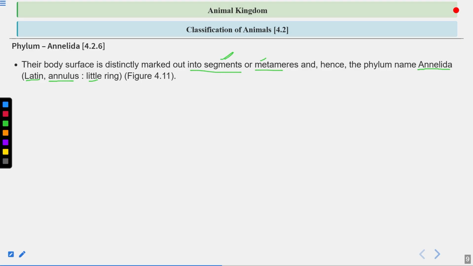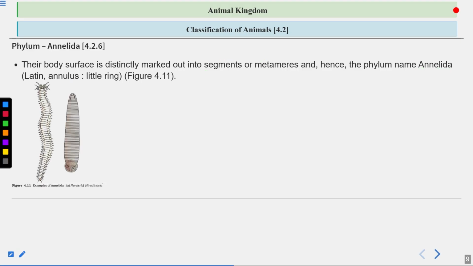Now we will see one of the figures. So here you can see, this is the Nares example. And what is repeated in every segment? You can see here the repetition of parapodia. So what is this? This is the parapodia, that is the locomotory organ.